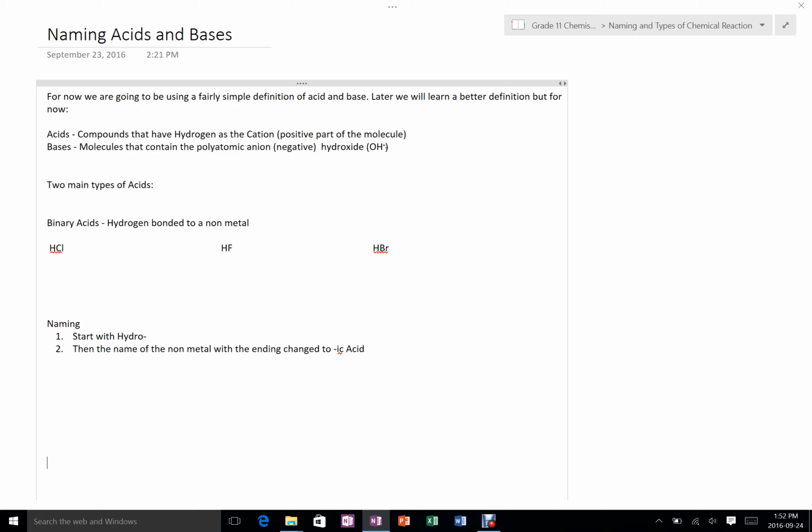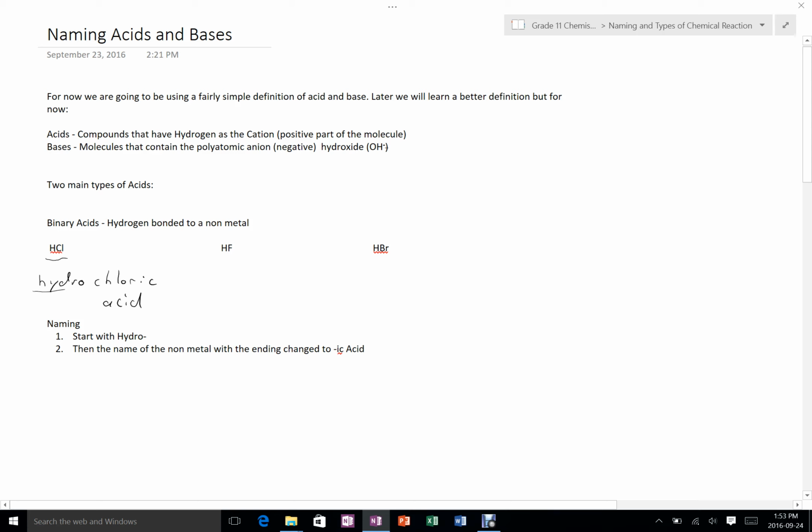So here, for example, with the molecule that includes hydrogen and chlorine, chlorine being the nonmetal, we would call this hydrochloric acid. So we add the hydro to the front, we change the ending to ic, and then acid.